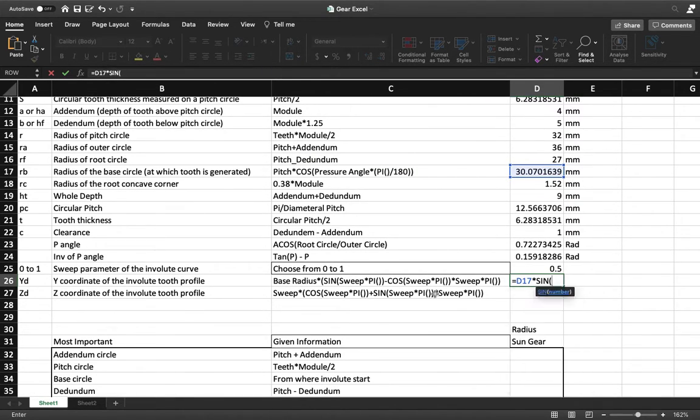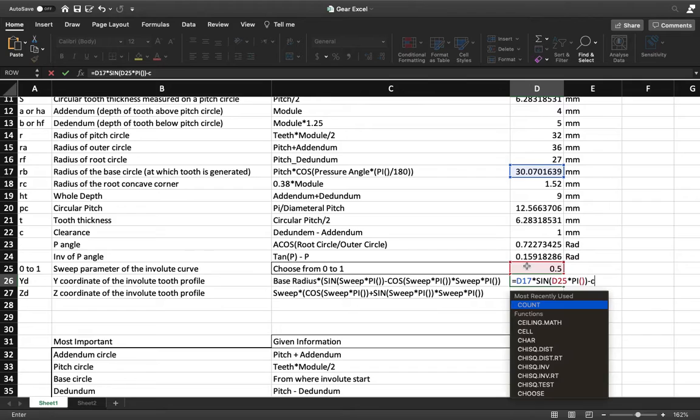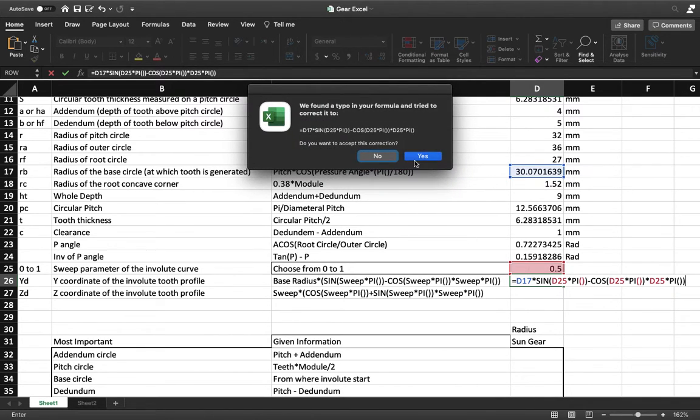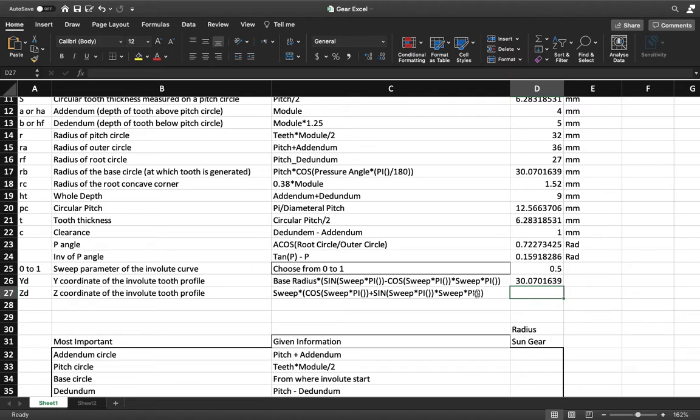Multiplied by sine sweep multiplied by pi, and usually the sweep is 0.5, minus cos sweep as well multiplied by pi multiplied by sweep multiplied by pi. Yeah, something wrong here. But I did not invent this equation. Of course, I took it from the book, but it works.